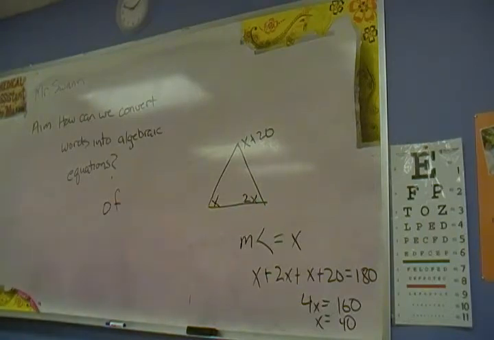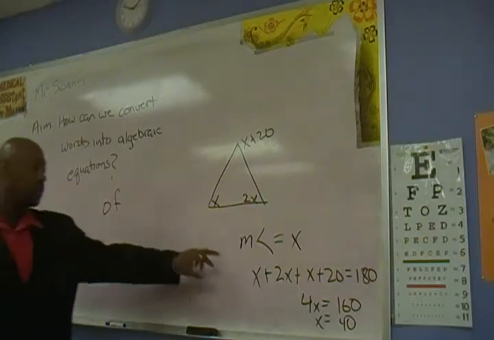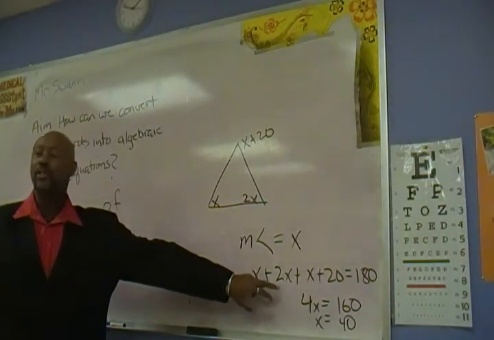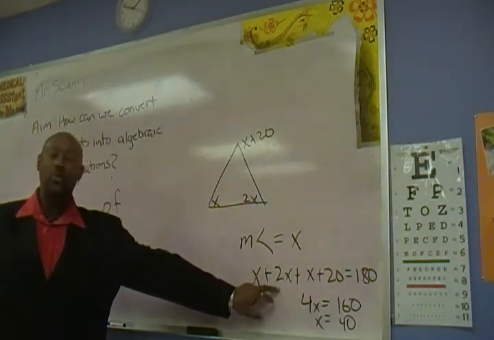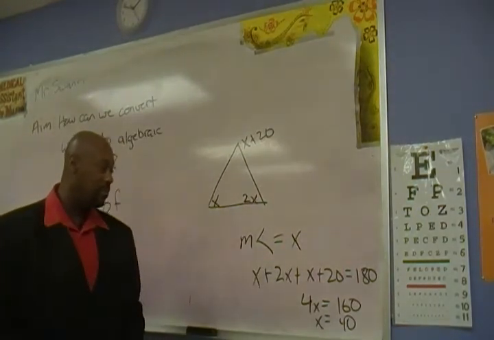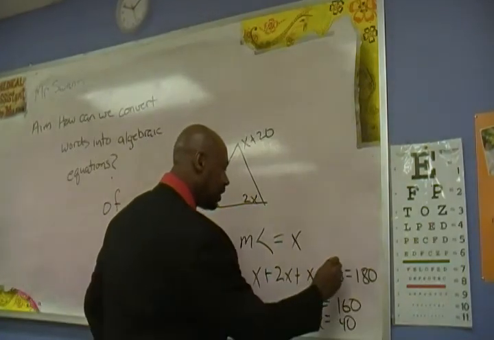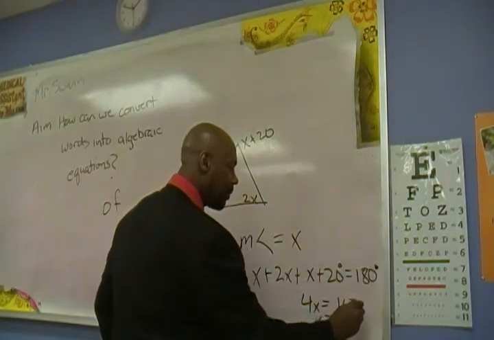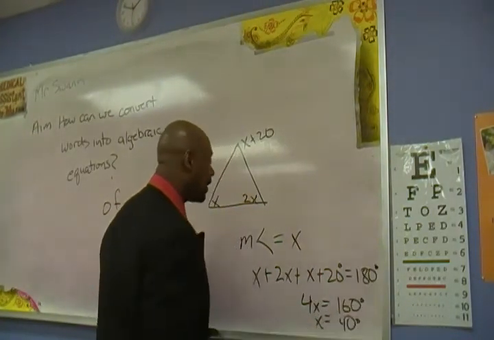So that would probably be the wording. So you would have the first angle, which is x, and the other one is twice that size, which would be 2x, and then the other one is 20 degrees more than that. Let me put these degrees in here.